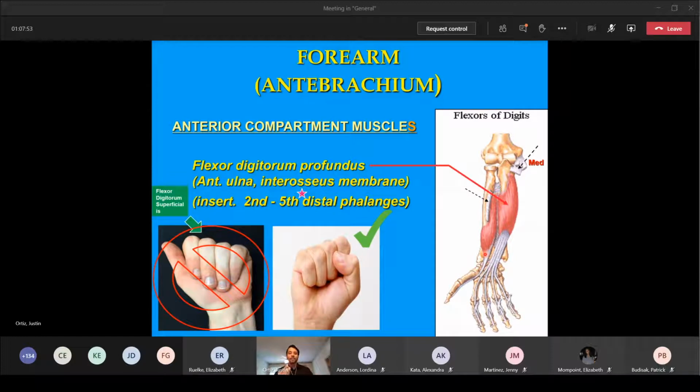Like we said, flexor pollicis longus, think thumb. Thumb is on the radial side, so that'll help you remember that the flexor pollicis longus attaches to the radius. It's a deep one, so it takes half of the interosseous membrane, and then here's your flexor digitorum profundus, taking the other half of the interosseous membrane, as well as the ulna, and going to the phalanges 2 through 5, right?